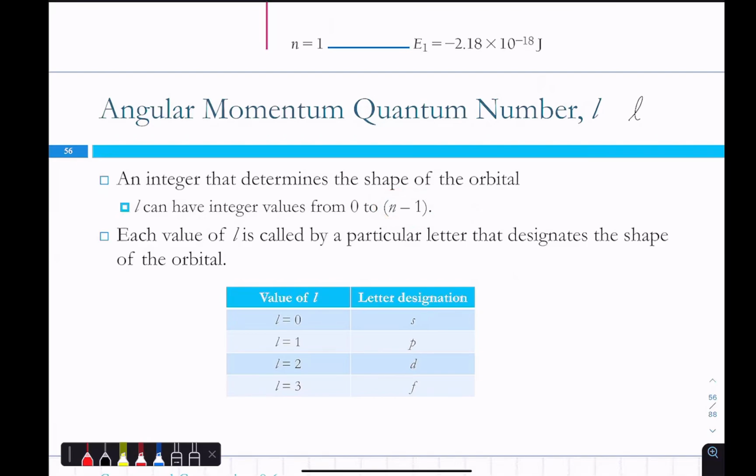So if you start at n equals 1 on the periodic table, that's the first row. The only orbital we have is S. You go to the second row, so n is 2, so 2 minus 1 means that you have 0 and 1, which is S and P. So you kind of use the periodic table as a guide on those.